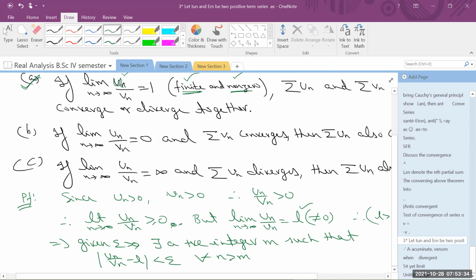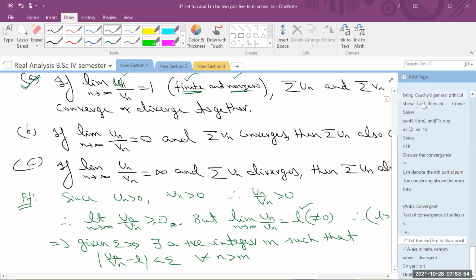I mean, if series un is convergent, then series Vn will also converge, so the nature of both will be alike.